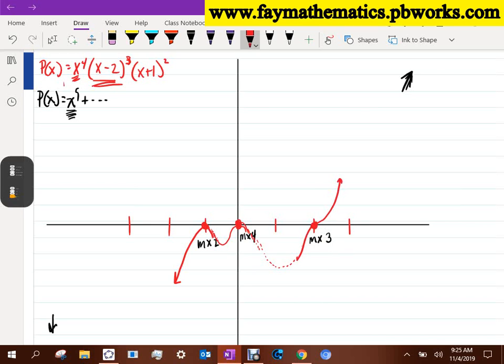To the left of it's going to do something like that. Okay? We've talked about how if you look at that sideways, tilt your head to the side, it kind of looks like an S, right? Or an inverted S, backwards S. Yeah. That's the behavior that happens at an odd degree that's bigger than 1.